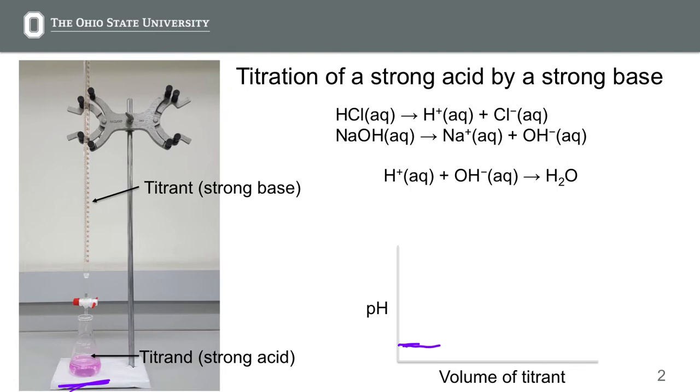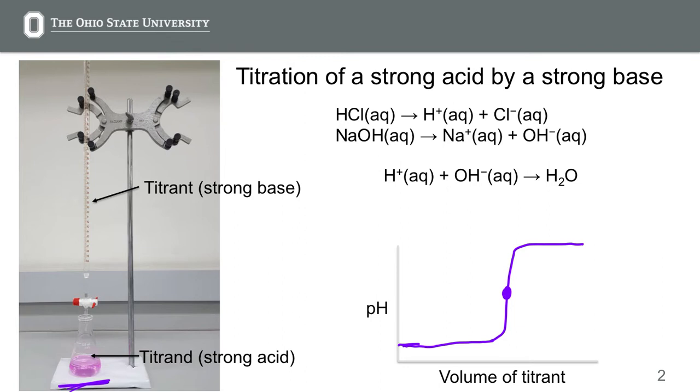The pH won't change very much until we get to the equivalence point, at which point we're going to see a very sharp rise in pH. And then beyond that, there will be a flattening out of the curve when the pH is dominated by excess base.